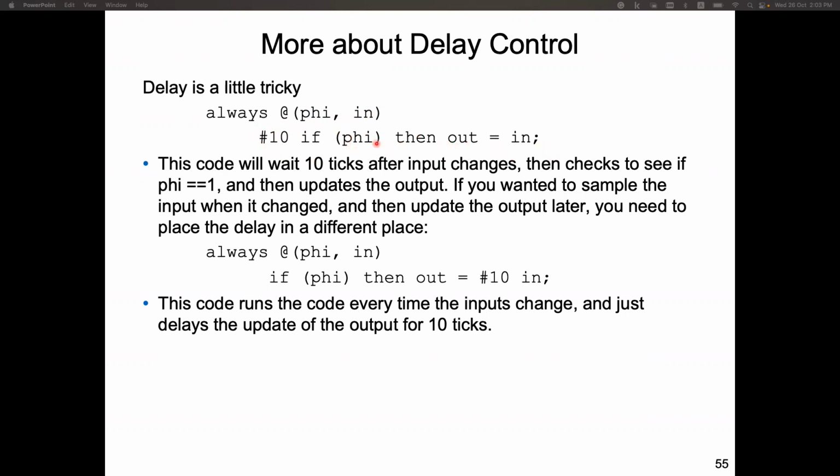So this code will wait for 10 units of time after the event changes. Then it evaluates if fil is true or not. If it is true, then assign input value to output. But this execution is delayed for 10 units. So the value assigned to the output is the value of input at time equals 10.